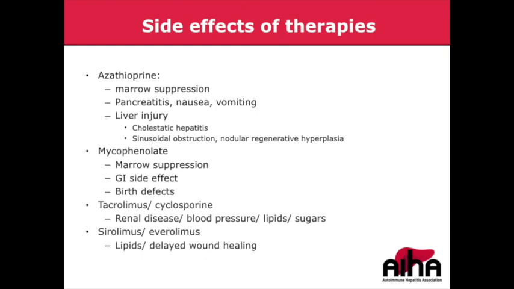And then finally, these less commonly used agents in this class of medicine, the tacro, cyclosporin, it's renal disease, blood pressure, lipids, cholesterol. With sirolimus and everolimus, it's high lipids. There's some delayed wound healing, but it looks like these agents might have a bit of an advantage in terms of renal protection and maybe less in terms of blood pressure concerns, and certainly no effect on diabetes as tacro might.